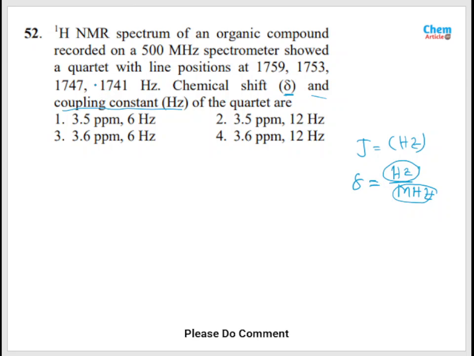The instrument frequency is given below, that is 500 megahertz.